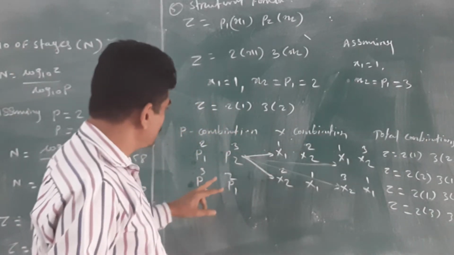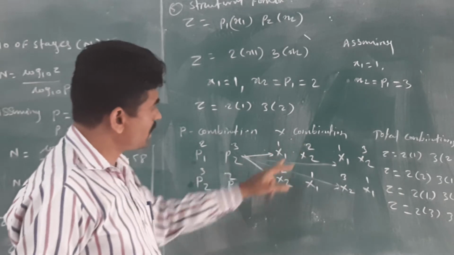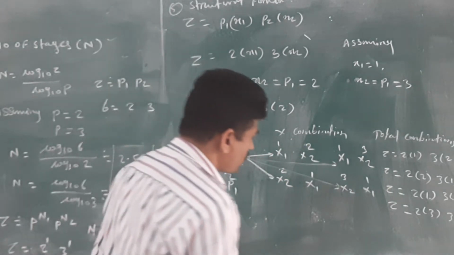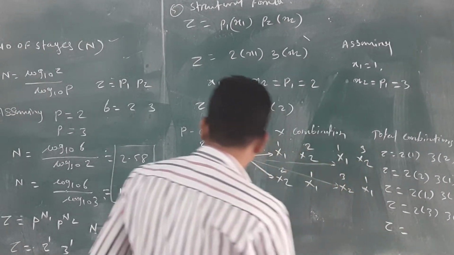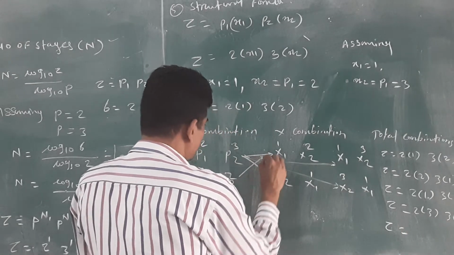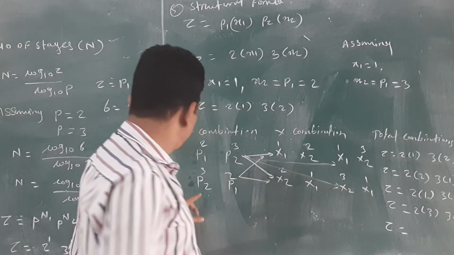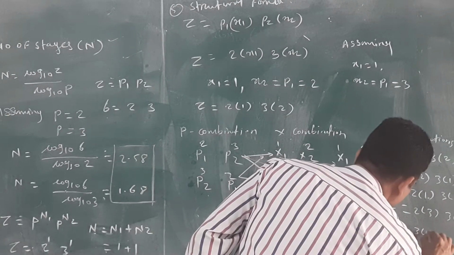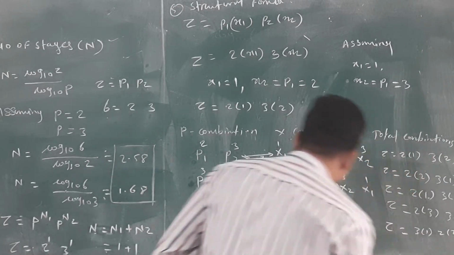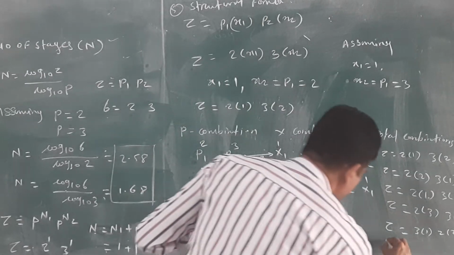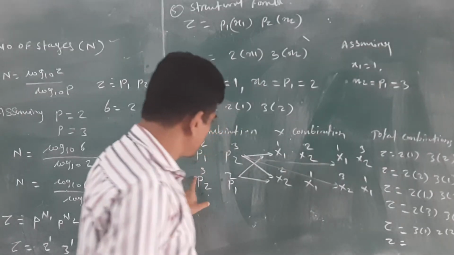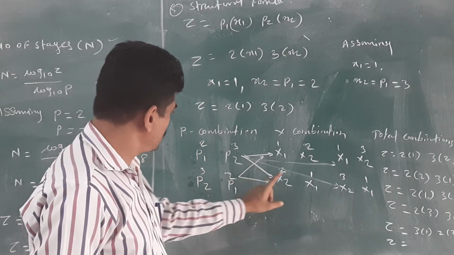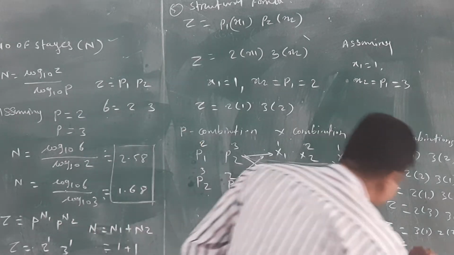And with the help of the second formula, again you will get the new 4 structural formulas. I will write Z is equal to, from this you will get this one and this one first: 3 1 2 2. Then next Z is equal to 3 3 2 2 1.